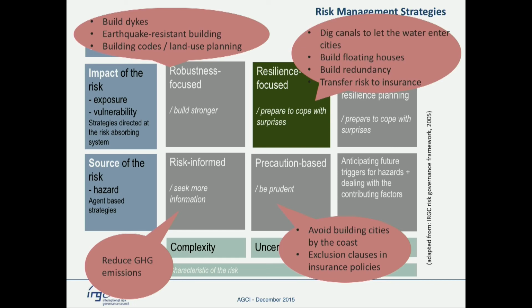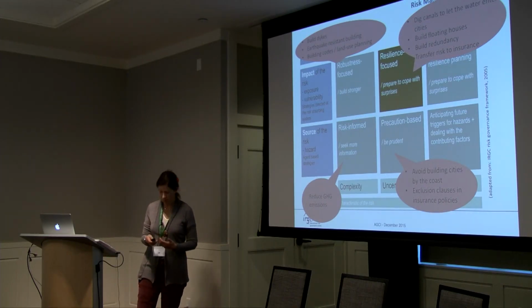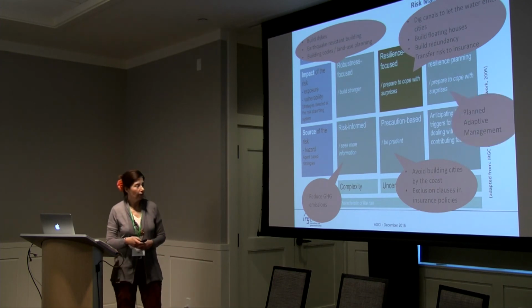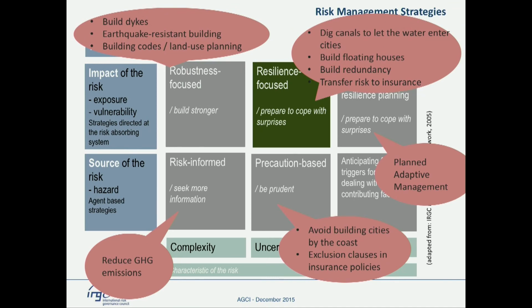Resilience strategies: dig canals to let the water into cities, coming back to the previous slide, build floating houses, build redundancy, transfer risk to insurance. This is another strategy that brings resilience to affected organizations. And for this last case, emerging risks, against which it's good to prepare resilience, the term that we use is planned adaptive management or planned adaptive regulation.